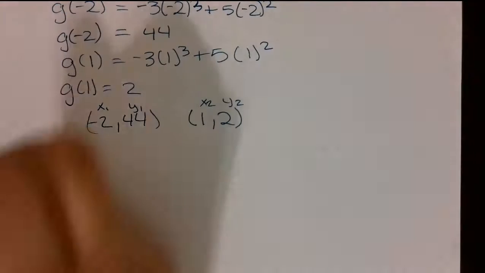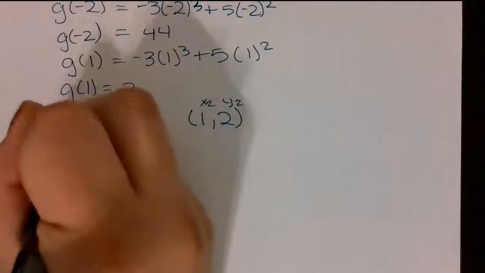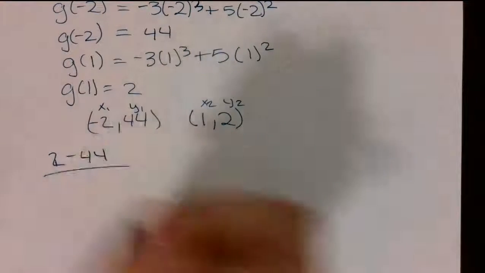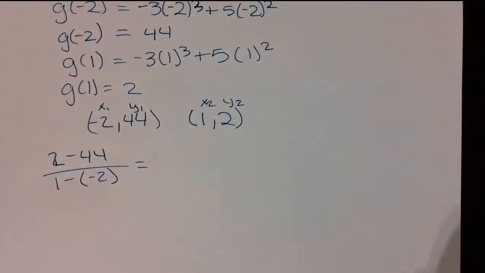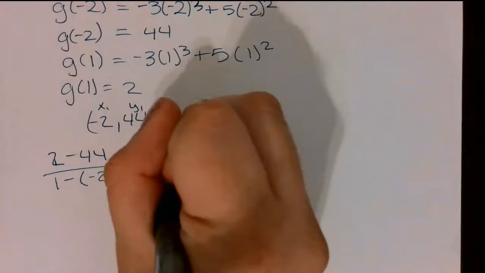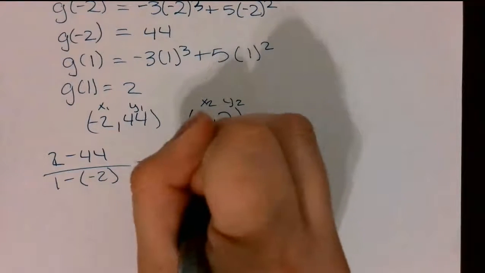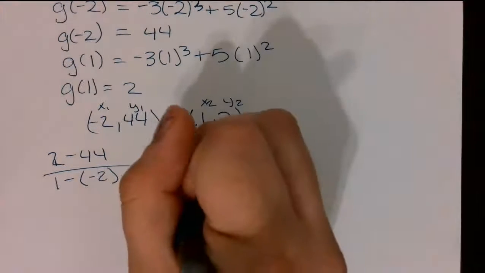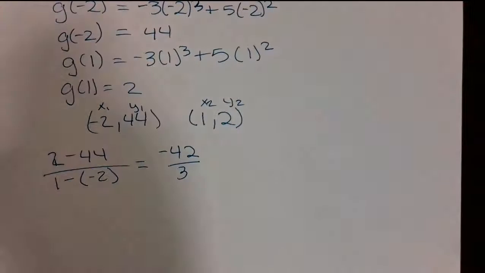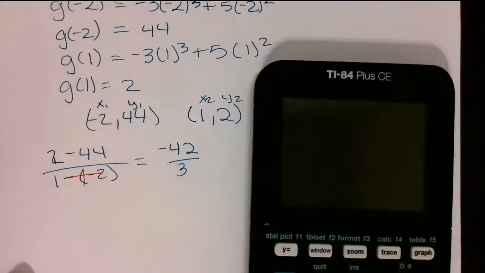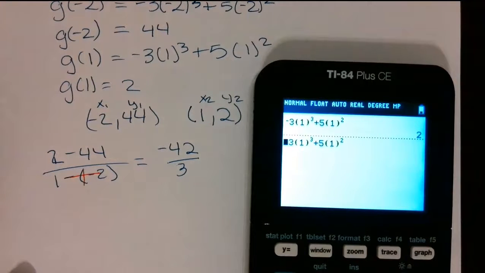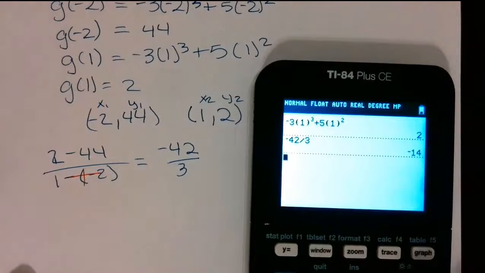So I have 2 minus 44 on the top, 1 minus negative 2 on the bottom. 2 minus 44 is negative 42. 1 minus negative 2 is 3, because it turns the double negative into a positive. I do not know negative 42 divided by 3 off the top of my head. It gives me negative 14.